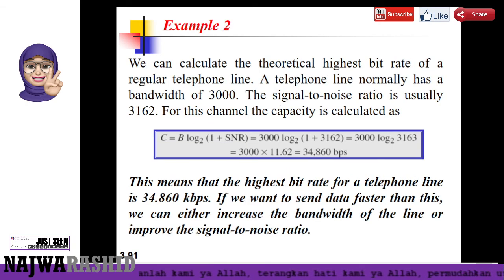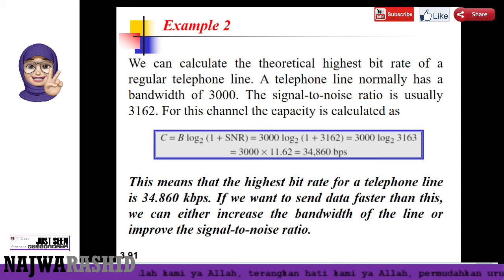Example number 2, we can calculate the theoretical highest bit rate of a regular telephone line. A telephone line normally has a bandwidth of 3000, so B is 3000. The SNR is usually 3162.